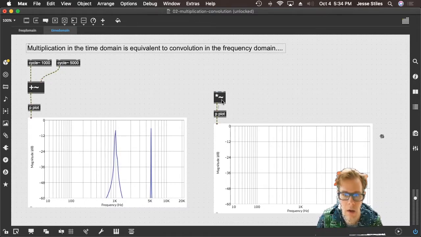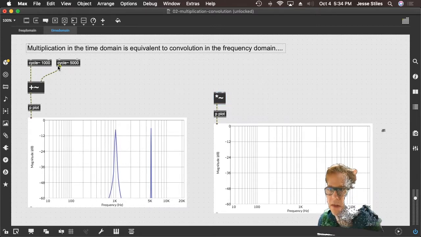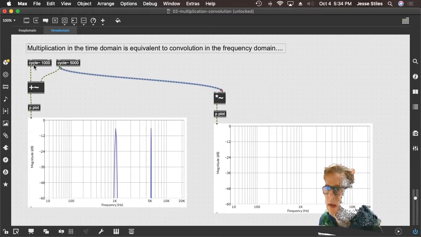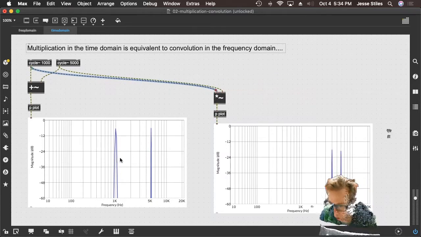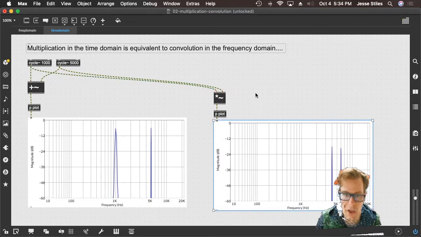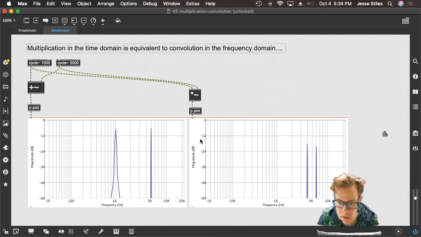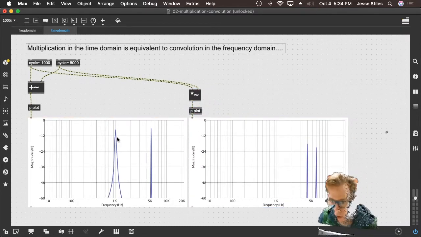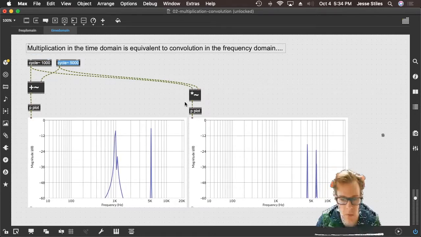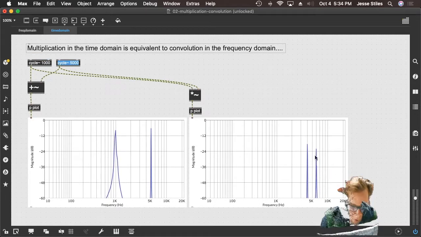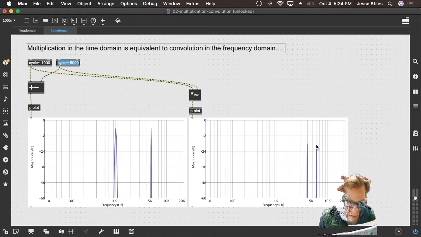But when we multiply these two things together, and we're multiplying in the time domain, we get something totally different. So look at the plot of this. We have one signal at 1000 and one at 5000, but they're both gone. Instead, what we see is a peak here, this is 4000, and another peak here at 6000.